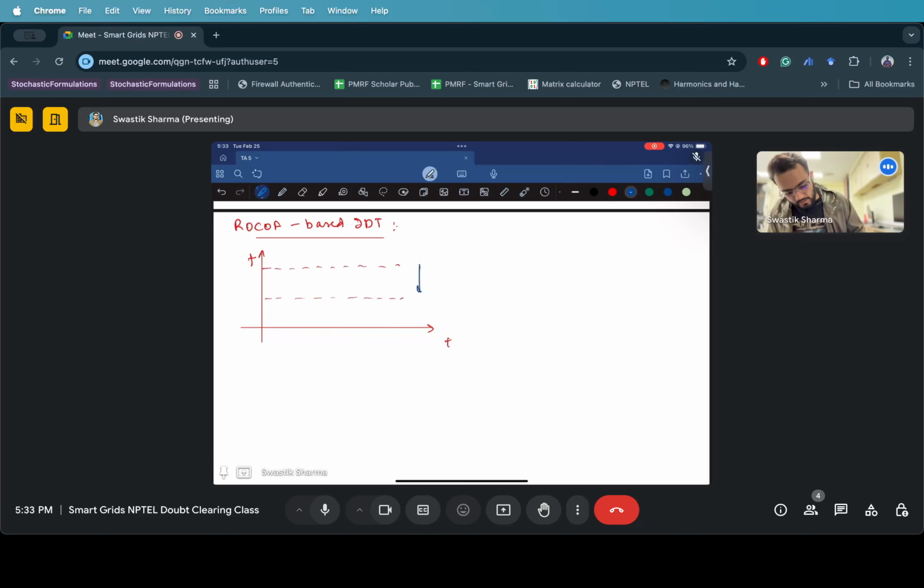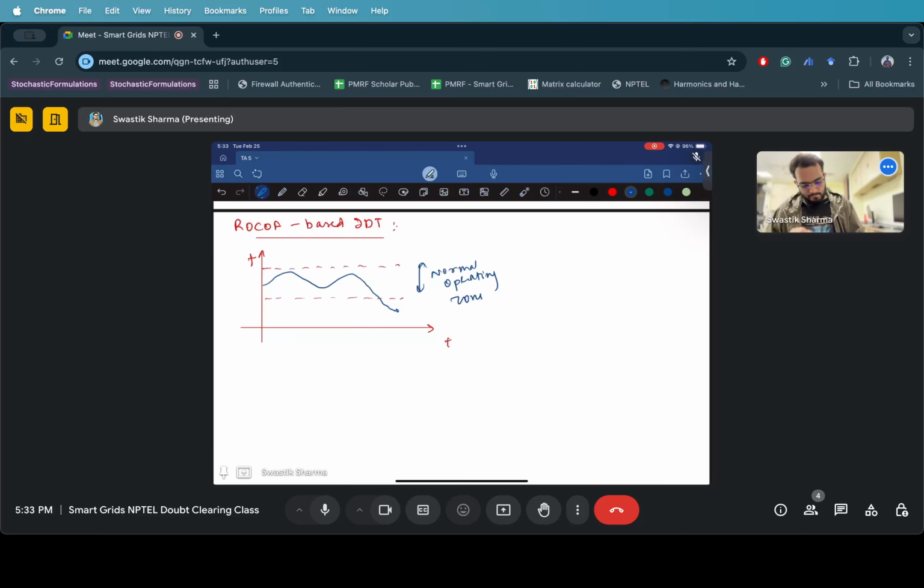This is the normal operating zone, and our frequency was varying within this only, and suddenly it starts decreasing, right? So it monitors how the frequency is changing with respect to time, and it tells whether an islanding has happened or not. This is one way in which we can check, and let's derive how this has come into play.